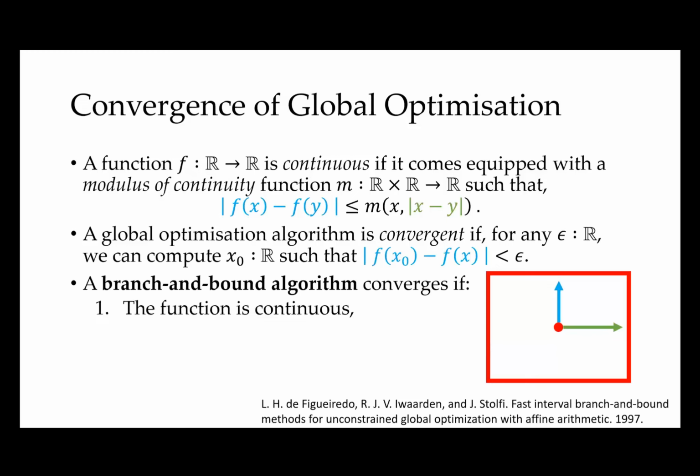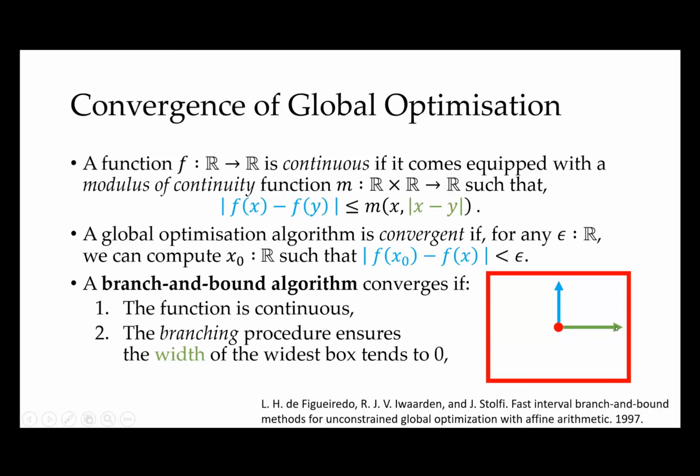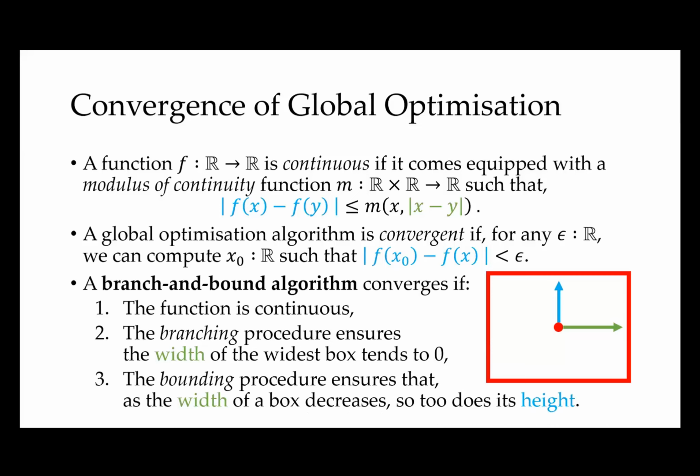And so a branch and bound style algorithm converges in this manner if, well, first the function's continuous, so that we can actually perform this approach. Secondly, whatever branching, the partitioning process ensures that the width of the widest box eventually tends to 0. So we have to know that the search area, the candidates, are getting smaller, and then the bounding procedure ensures that as the width of the box decreases, so too does its height.